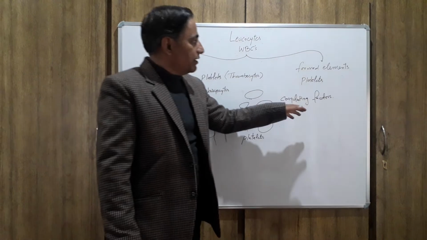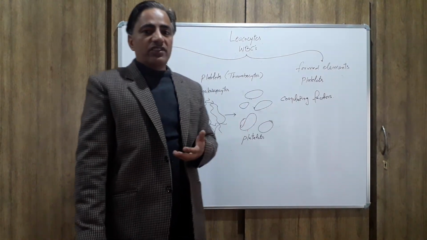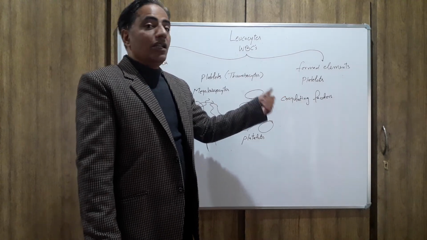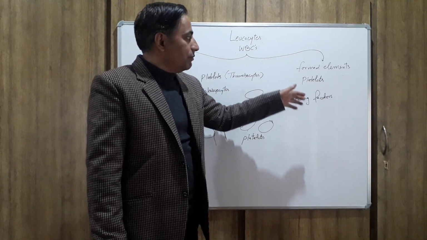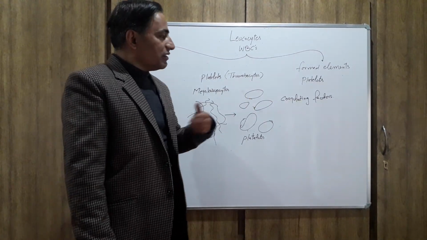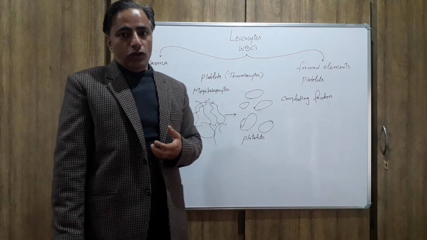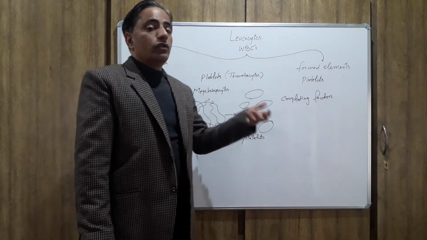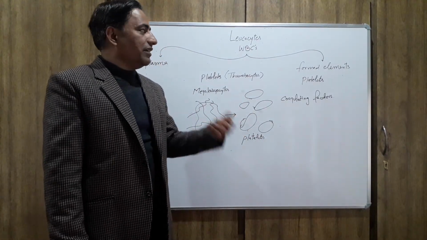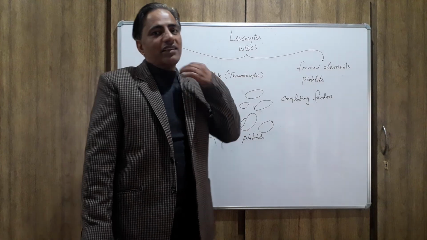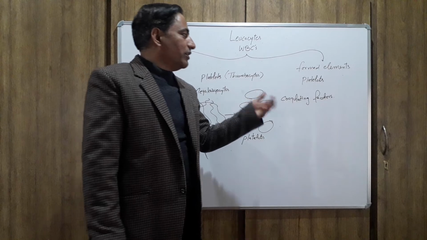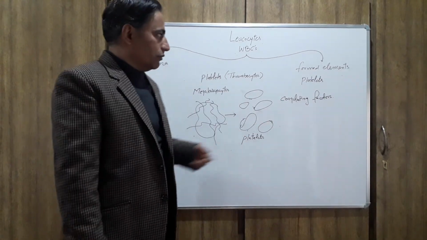Similarly, the formed elements comprise three different types of cells: erythrocytes, or the red blood cells, leukocytes, or the white blood cells, and blood platelets. The function of the erythrocytes, as we have discussed in the previous lecture, is to carry oxygen and deliver it to the cells of the body. It also helps to remove carbon dioxide, about 20 to 25%, from the cells, and allows the body to excrete it to the external world.